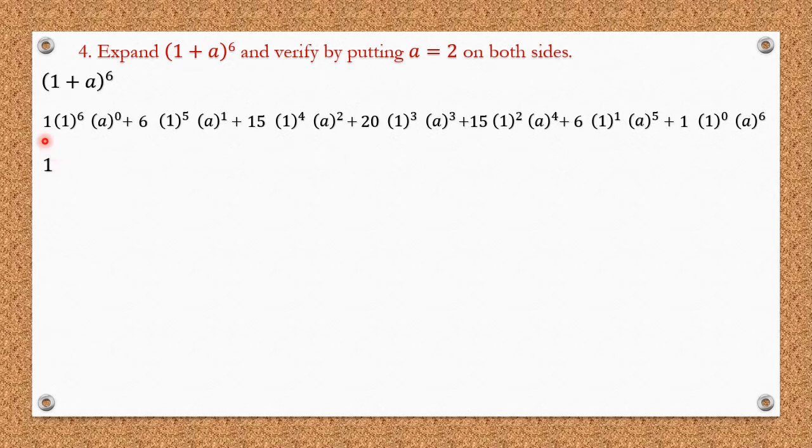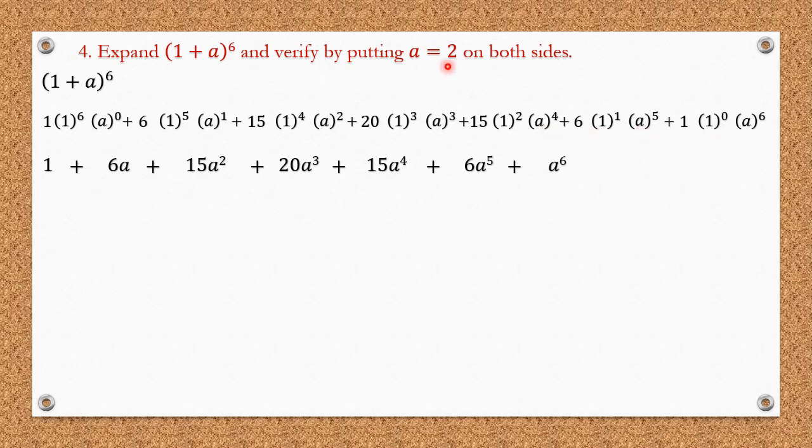Next, 1 into anything raised to 0 is 1, plus 6 into, just forget about this 1 from everywhere, 6 into a, 6a, 15 into a square, 20 into a cube, 15 into a raised to 4, 6 into a raised to 5, and a raised to 6.